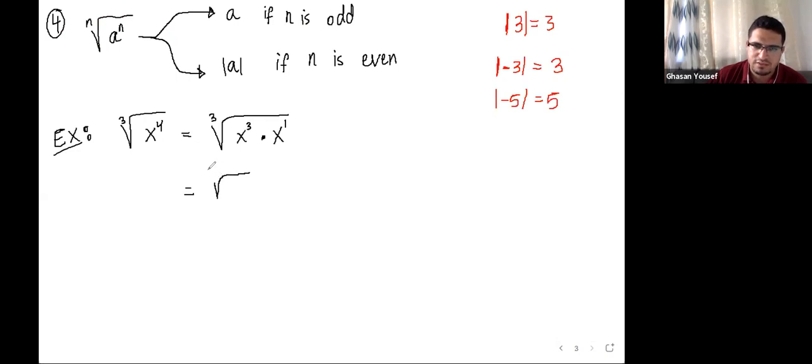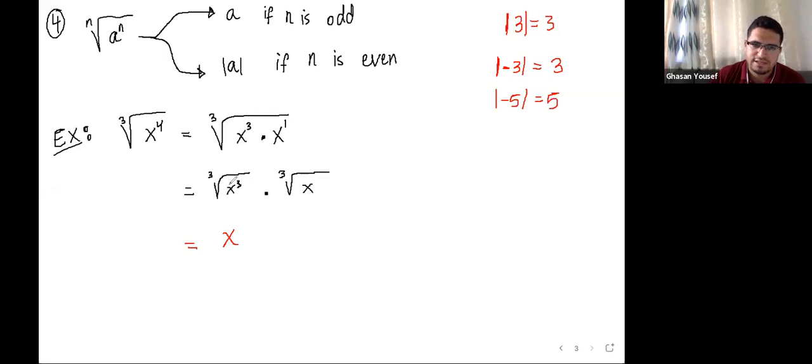The first piece is the third root of x to the power 3, and the second radical is the third root of x to the power 1, or x. Now here, by using property number 4, and n is odd, the answer will give me A, I mean, x.